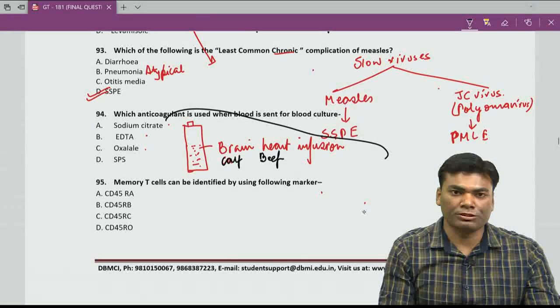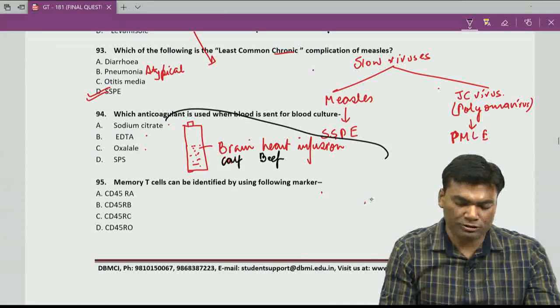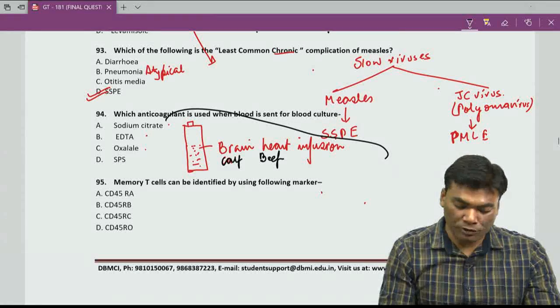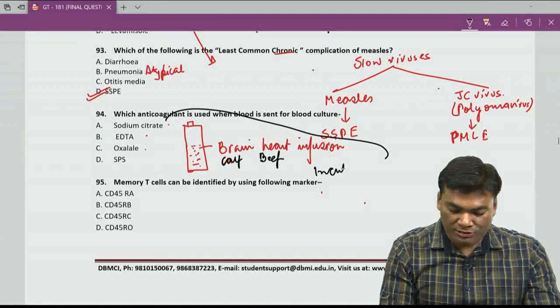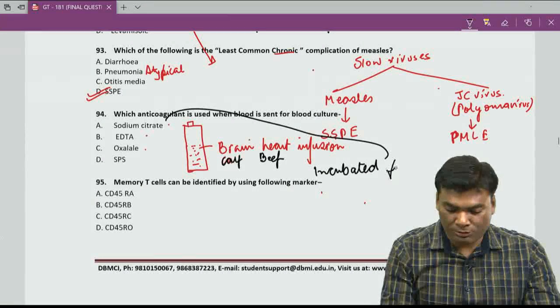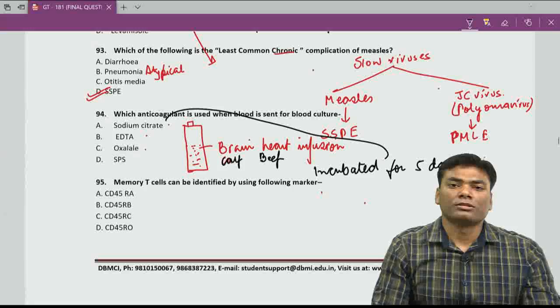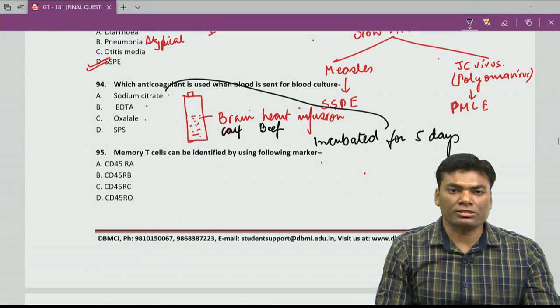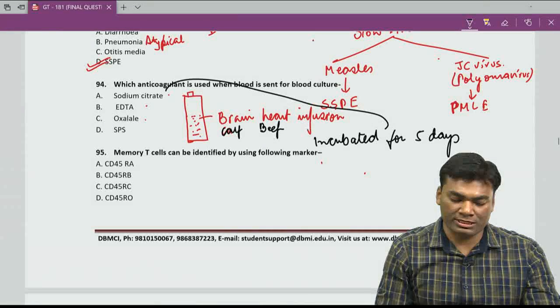This is the blood culture medium. This blood culture is incubated for at least 5 days. After 5 days, if there is no growth, then we put it as negative. Otherwise, we keep it under incubation.